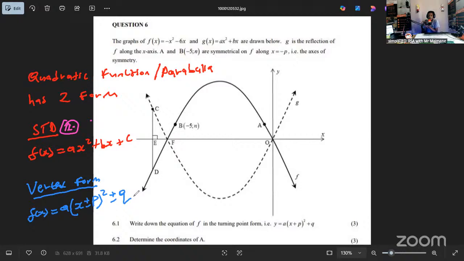So you are able to move from vertex form to standard form, and from standard form to vertex form. There are just a couple of things that you have to follow. Moving from standard form to vertex form, the simplest way is to complete the square.